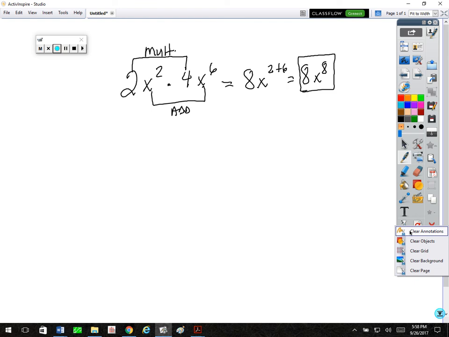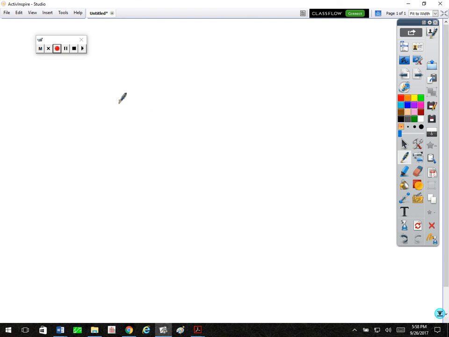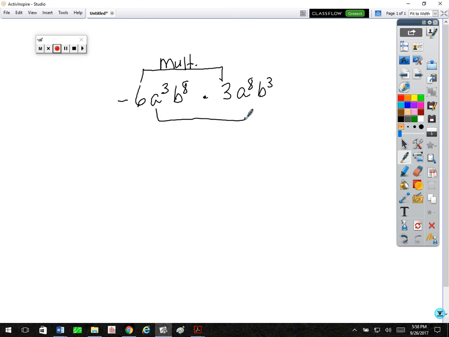All right, let's do something we haven't done yet. Let's check this. What if I had a negative coefficient? Let's do something besides x. What if I say negative 6a to the 3rd, b to the 8th, times 3a to the 8th, b to the 3rd? Same concept. Now I have a coefficient. Same thing. We're going to multiply, and we're going to add.